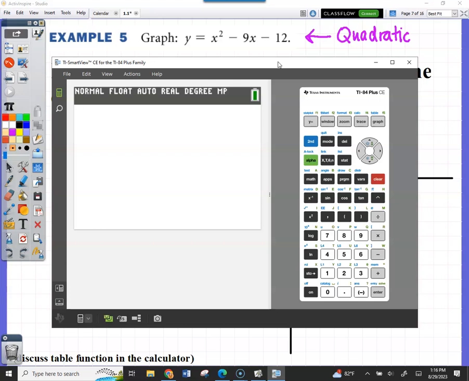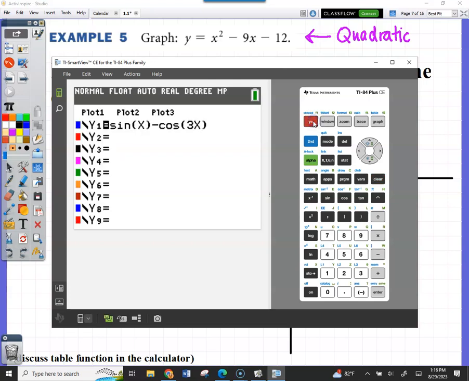First, let's put the equation in y equals. Push the y equals button. If there's anything in there, clear it. If the plots are on, raise your hand and I'll show you how to turn them off. All right, we should be good because we reset the calculators before that exam. We're going to copy the right side of the equation in here.